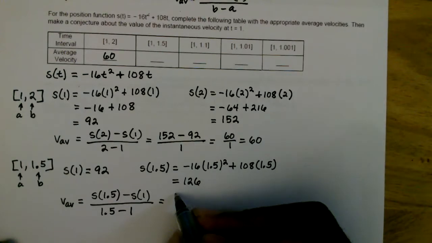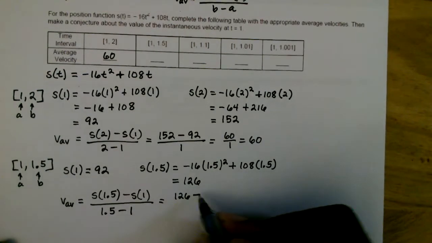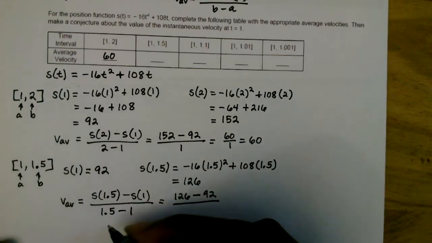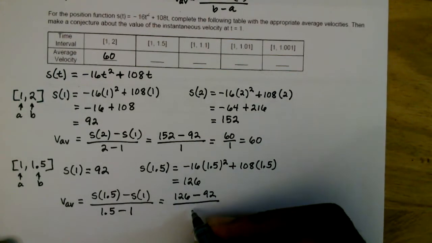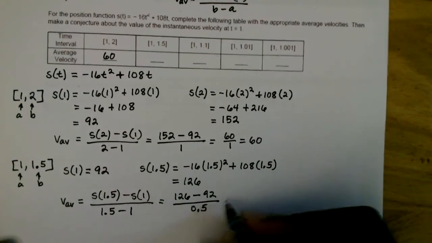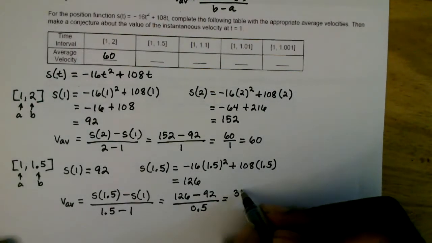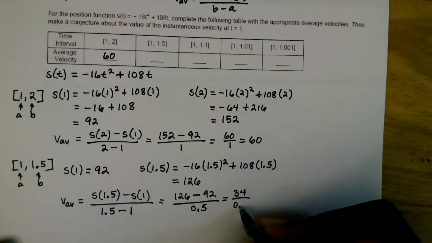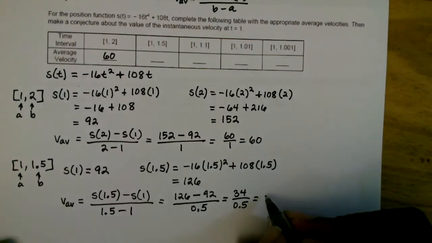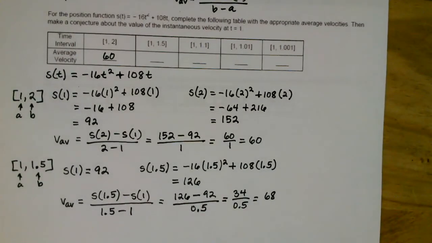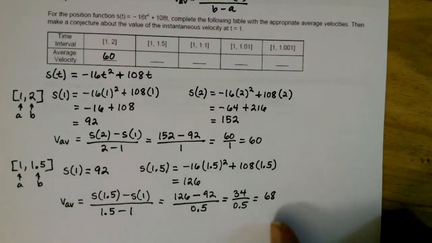Well, S of 1.5, we found to be 126, minus S of 1, that's 92, all divided by 1.5 minus 1, which is 0.5. And 126 minus 92 would be 34, divided by 0.5. That will end up being 68. So the average velocity from 1 to 1.5 on that interval will be 68.